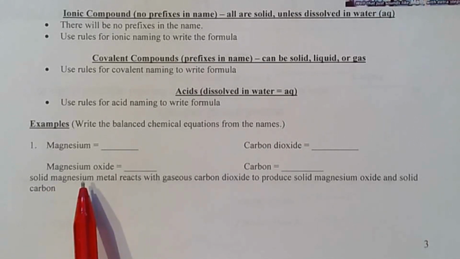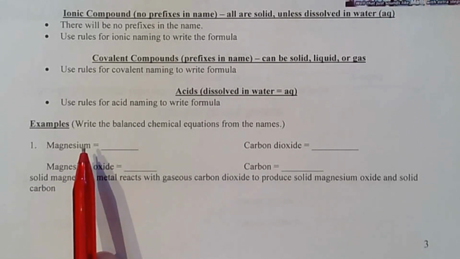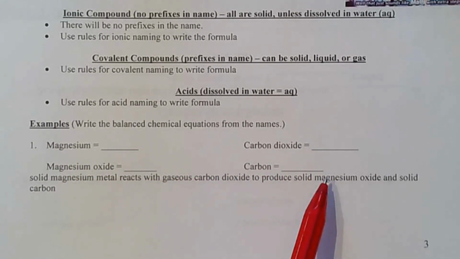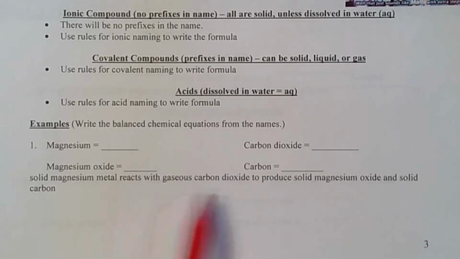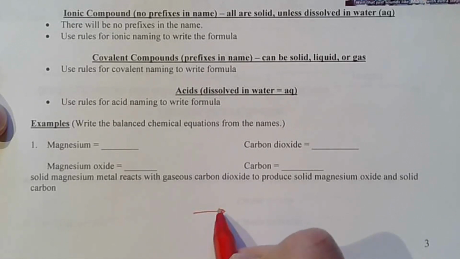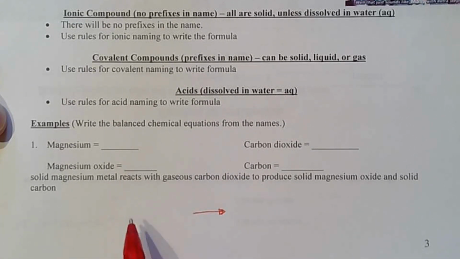We see solid magnesium metal. Okay, so we're just going to have magnesium metal. Carbon dioxide over here to form a solid magnesium oxide and carbon. So these are the 4 formulas or symbols that we need to come up with on our own before we put them into our chemical reaction. And we also need to be able to determine, hey, what are our reactants, what are our products?